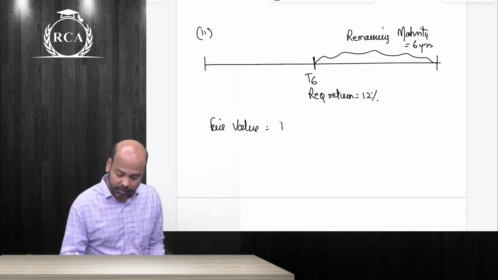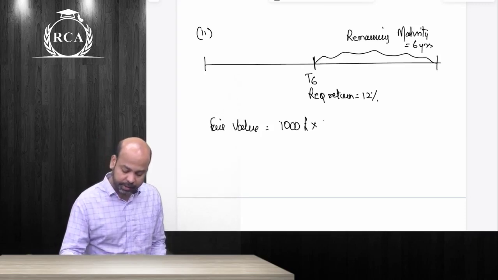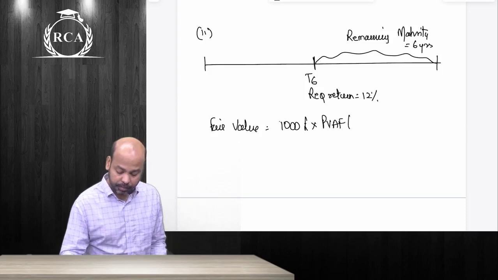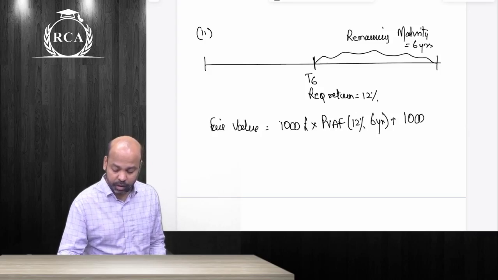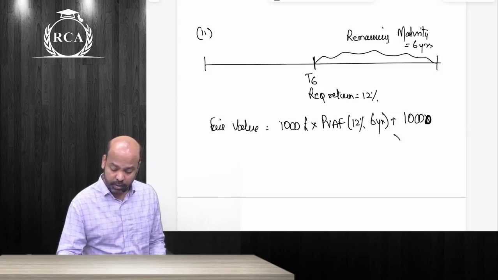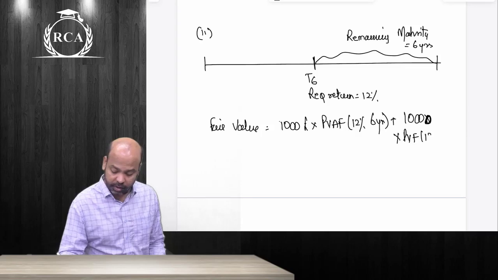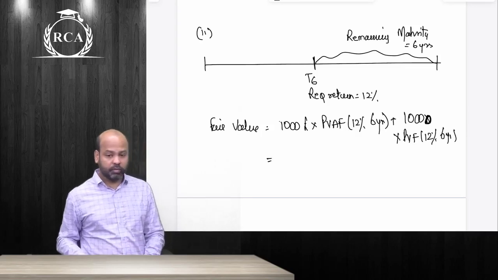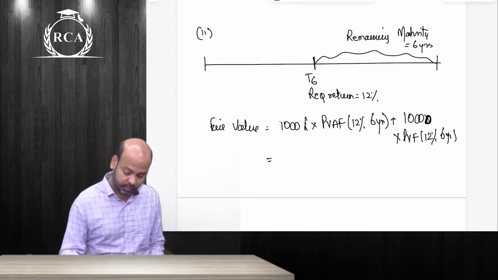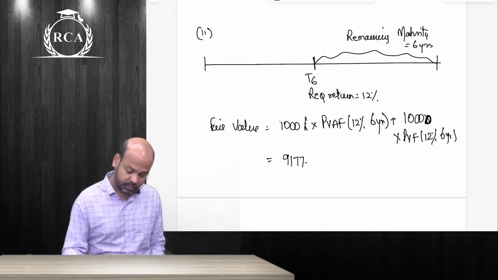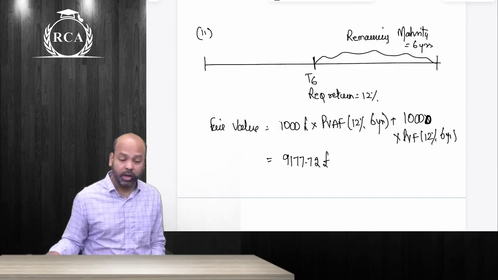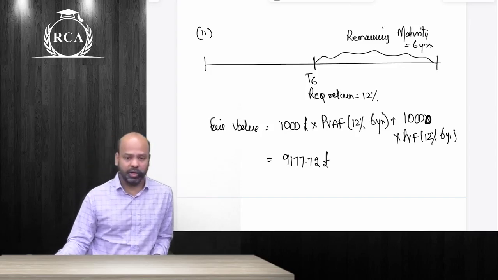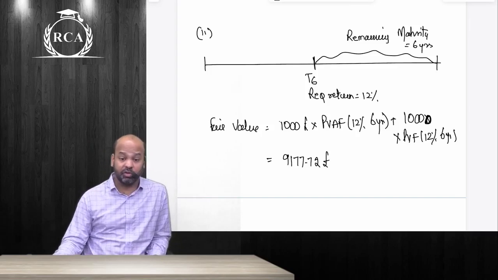Fair value, guys, will be £1,000 multiplied by PVAF at 12% for 6 years plus £10,000 multiplied by the present value factor at 12% for the 6th year. It's 1,000 into this, 9,000. 9,177.72, guys, is the value that he will fetch in case he wants to sell the bond in the market.